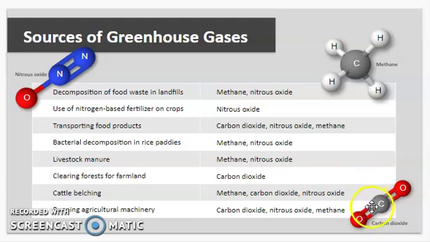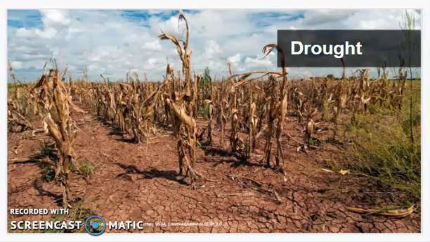Cattle belching might sound kind of funny, but just the ruminating process that cattle go through, they have excess gas that they produce. Methane, carbon dioxide, and nitrous oxide. And then running agricultural machinery also contributes to some greenhouse gases. These are the agricultural sources of greenhouse gases. Keep in mind that there are a ton of ways that humans in general contribute greenhouse gases. So I want you to keep that in mind, and we'll talk about that a little further on.